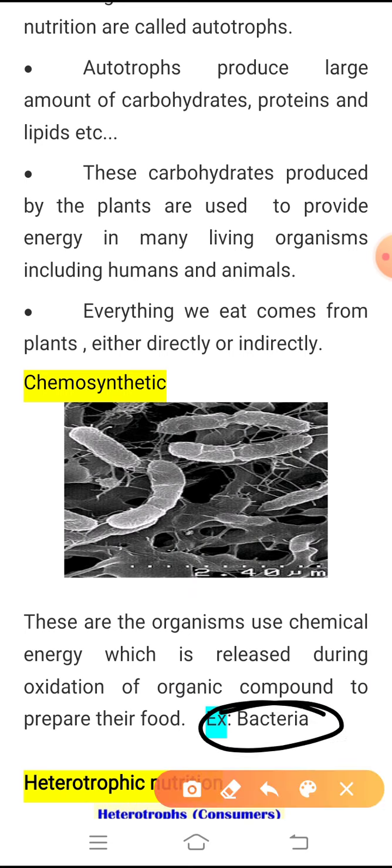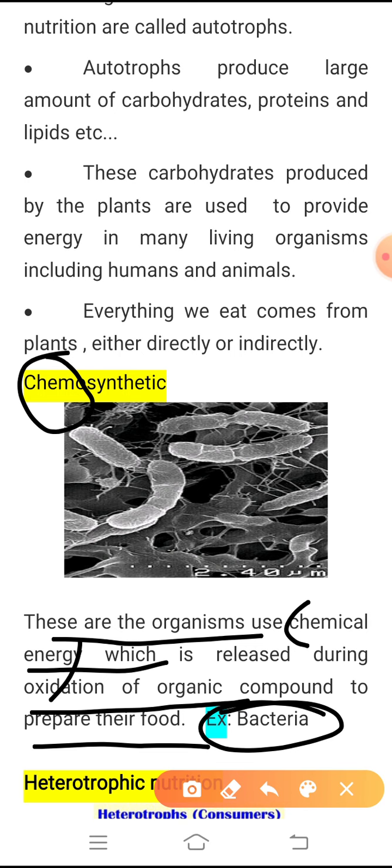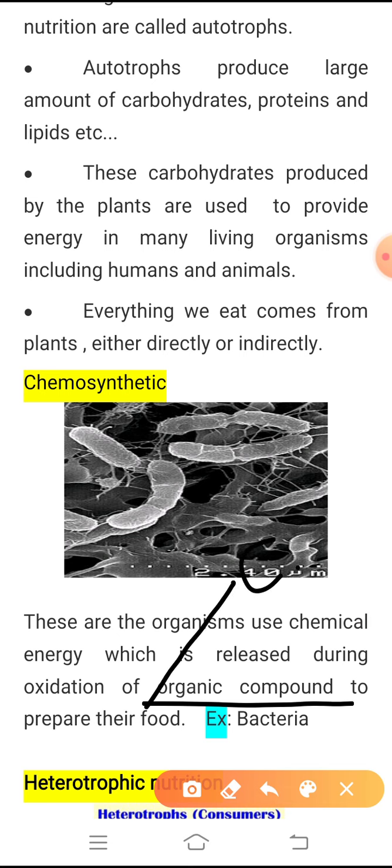Then what are these organic compounds? The organic compounds are the compounds of carbon, oxygen, nitrogen, hydrogen, like carbohydrates, lipids, fats, etc. So these are being received by the bacteria for their survival.